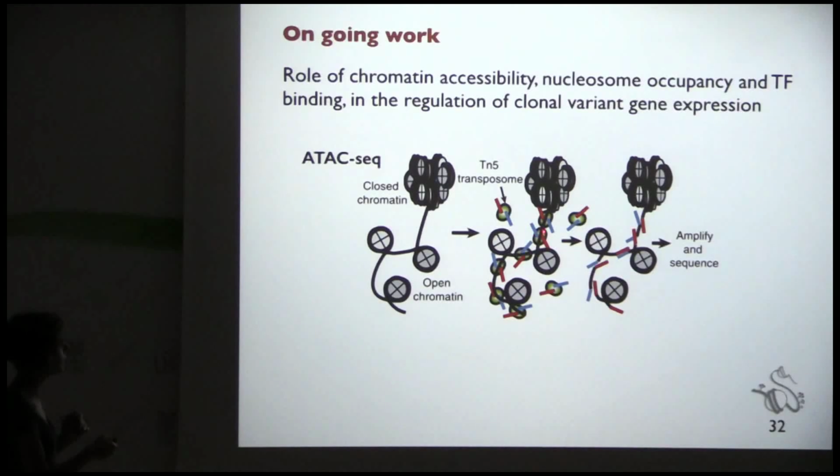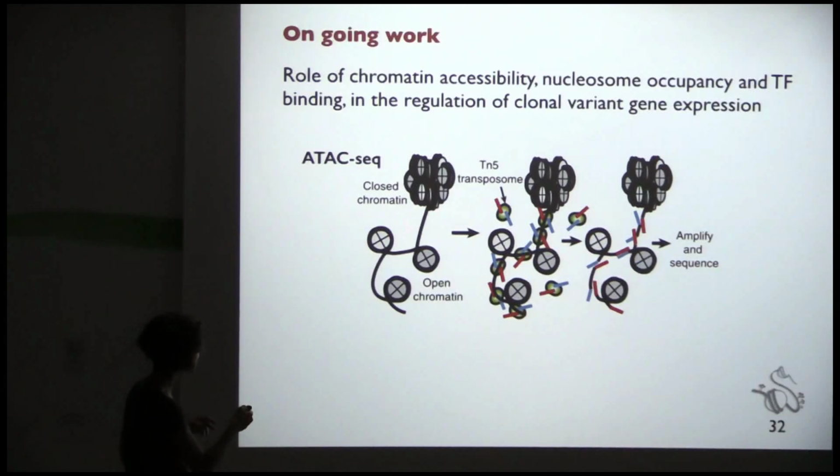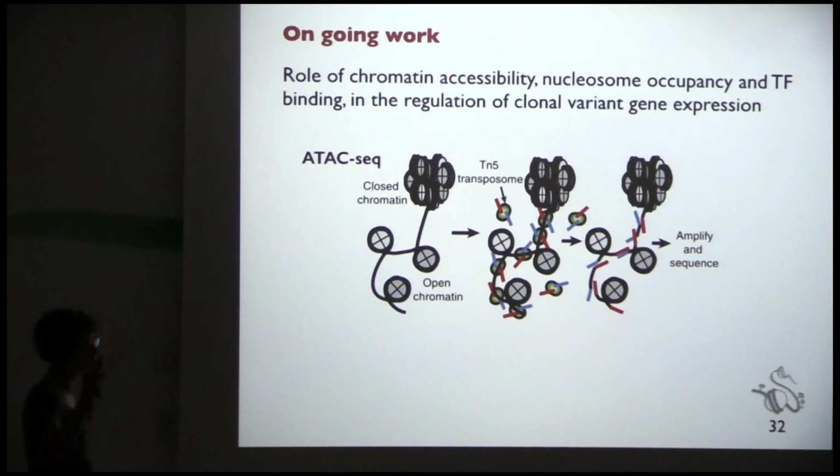There are two types of regions that are going to escape this cutting: regions where there are nucleosomes, and regions where there is a transcription factor bound. Imagine that here you have a protein, and then the fragment that is linked to this protein is going to escape this cutting.